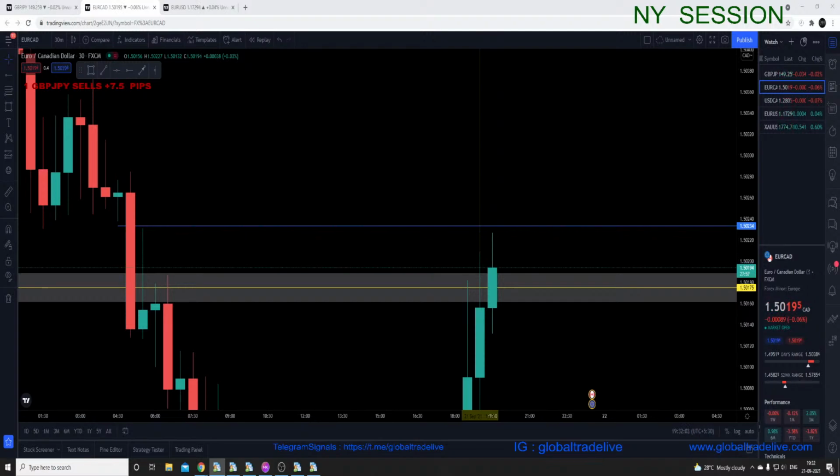Yeah, it's rejecting that area. Yeah, it's rejecting that area, so the chances are it should continue moving down from here.